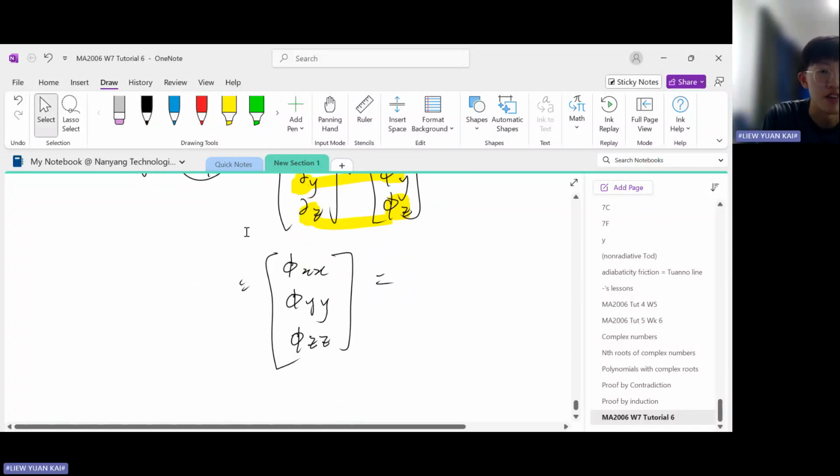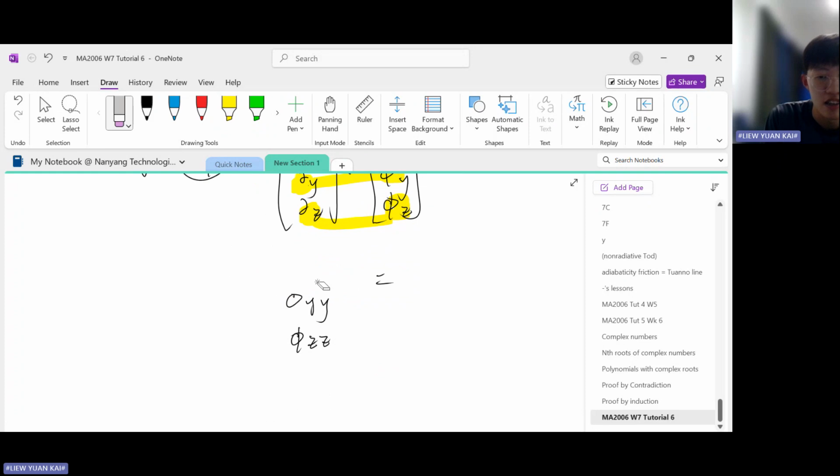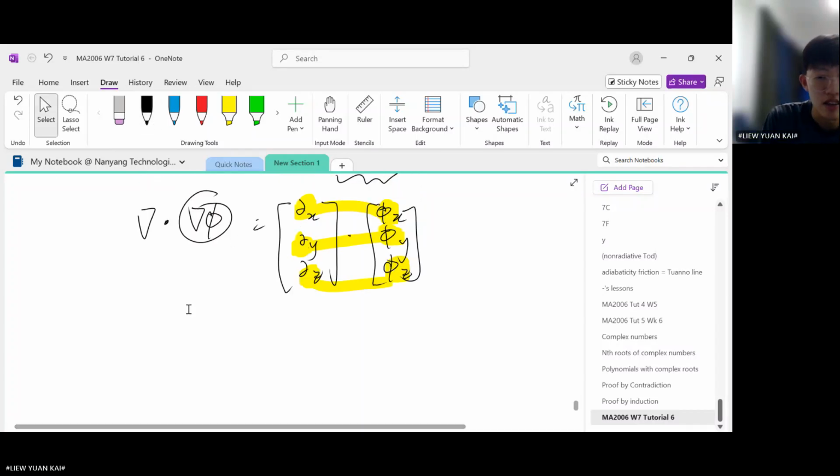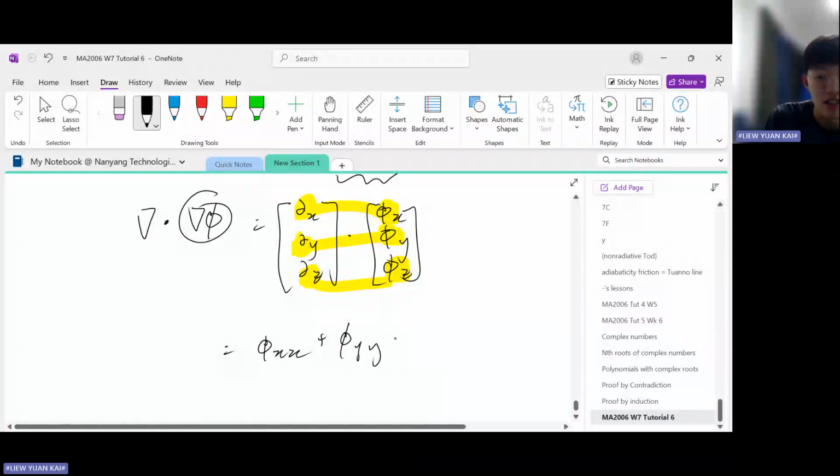Wait a minute, I forgot to, sorry. This is a mistake. It's not like this. Remember, dot product means first entry times first entry plus second entry times second entry plus last entry times last entry. So this must be equal to 0. That's what the question says. They said this is equal to 0.